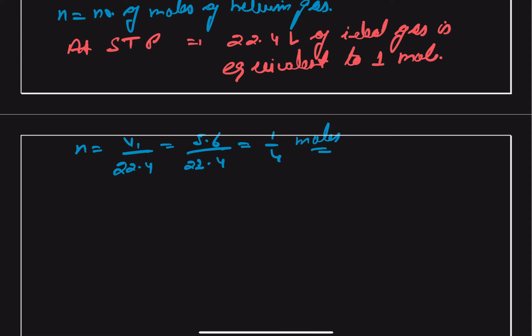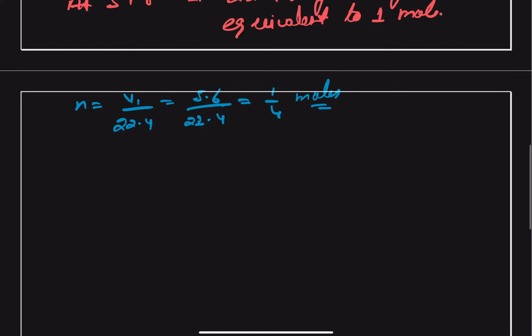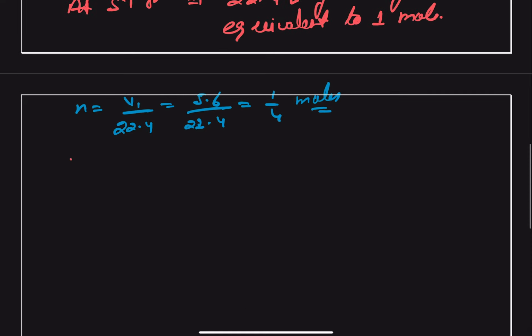So now we can easily solve the equation of the work done. Therefore, the work done will be equal to 1 by 4 multiplied by R, T2 is 4 times T1 minus T1, divided by 5 by 3 minus 1.